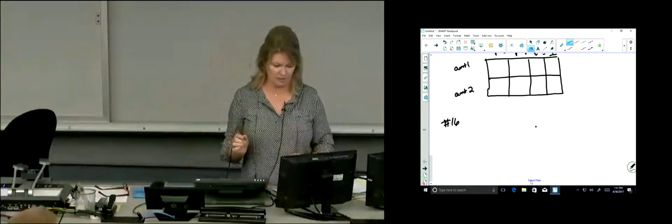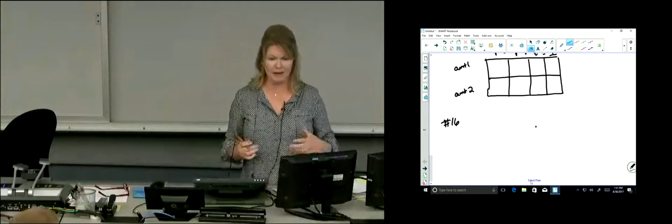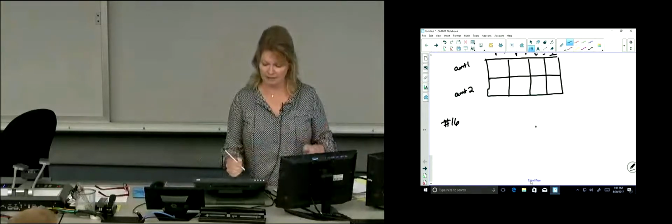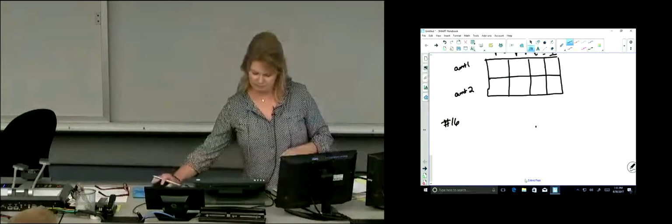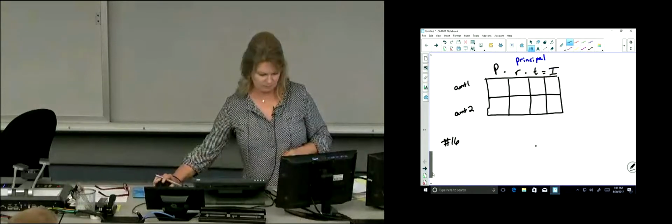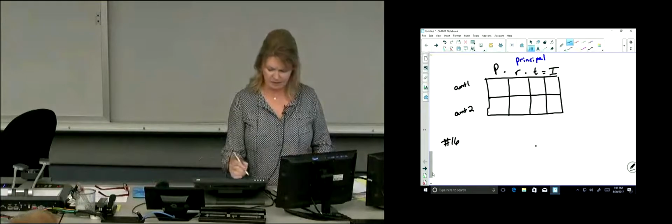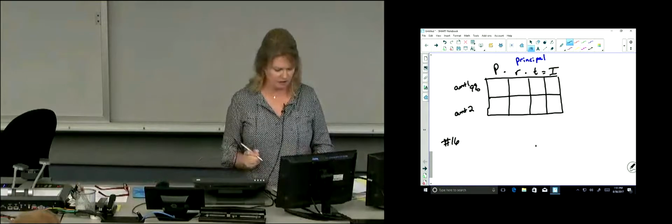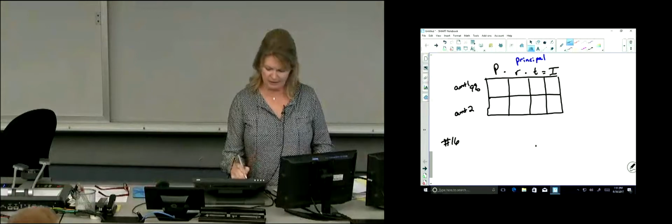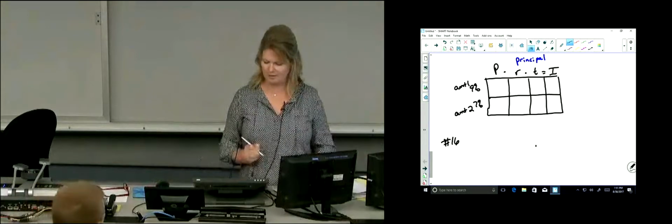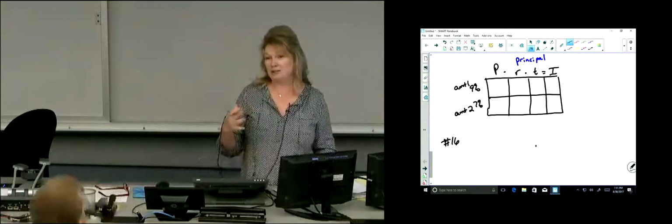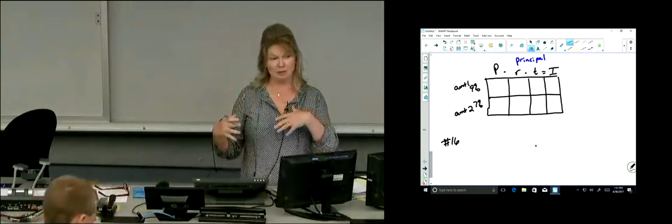Okay, so what was going on in number 16 is they were going to put a certain amount in at 9% and a certain amount in at 7%. But they didn't tell you how much they were going to put in each individual account.